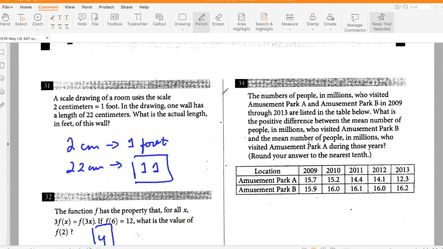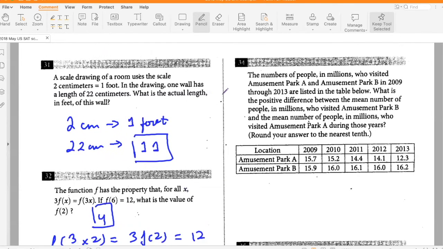The number of people in millions who visited amusement park A and amusement park B in 2009 through 2013 are listed below. What is the positive difference between the mean number of people who visited park B and the mean number of people who visited park A during these years? Okay, this is the number of people in millions. So positive difference, right?